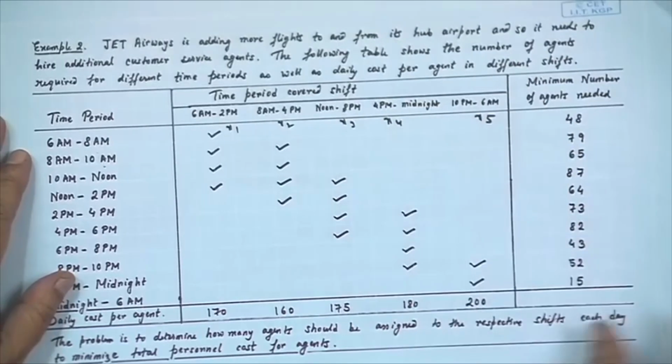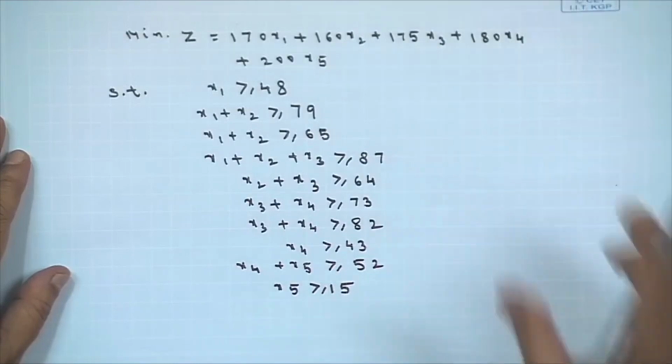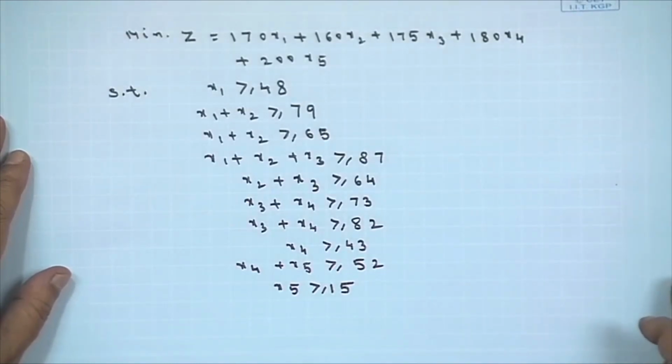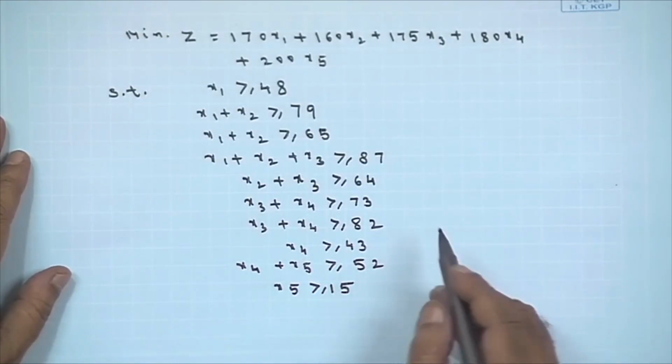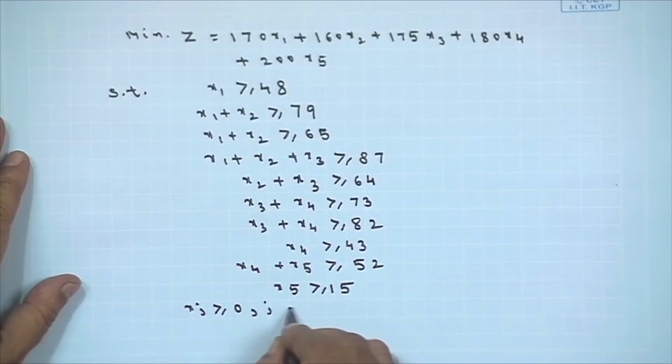So, like this way, these are the constraints which have to be satisfied, and since x1, x2, x3, x4 are the number of agents required, xj must be greater than or equal to 0 for j equals 1 to 5.